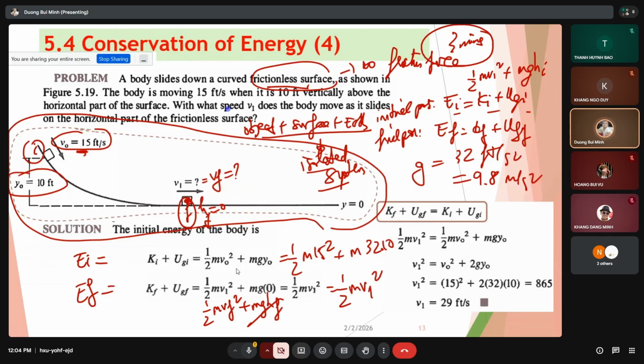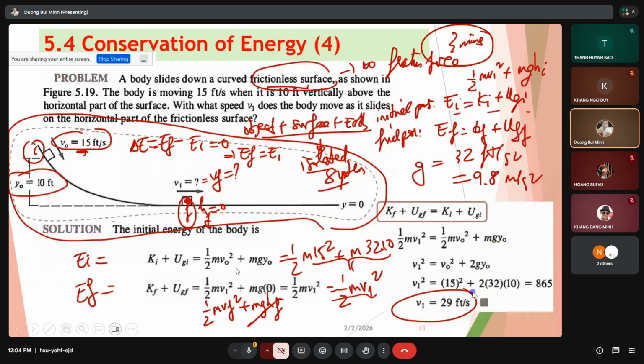Because this is the whole system with no external force, delta E equals EF minus EI is 0, or EF equals EI. Then you can get the final velocity by setting them equal, and you get a velocity of 29 feet per second.